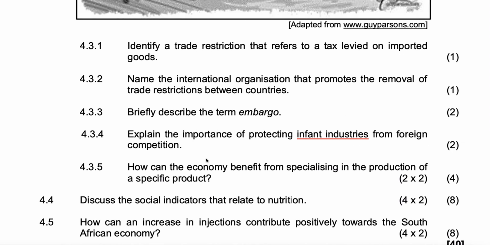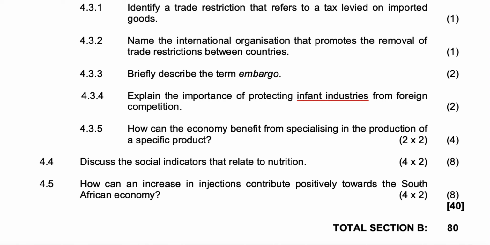True. Okay, so let's look at the last 8-mark questions before we go to our section C. Discuss the social indicator that relates to nutrition. Well, the first one will be the one for weight, and we look at that weight in two ways.